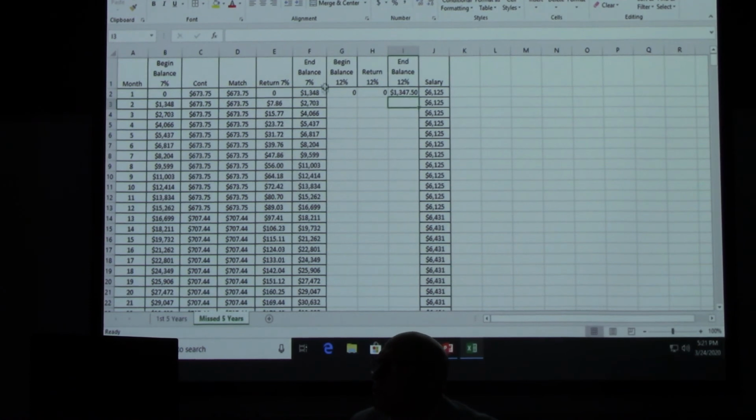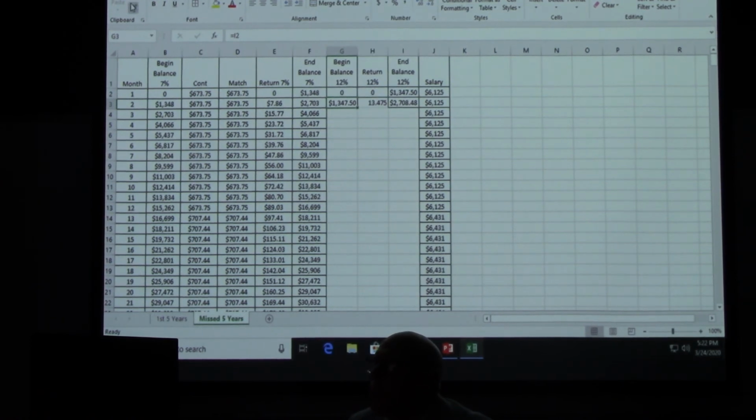Boom. All right. And let's do this and this. And then this is equal to that. And this is equal to that. And this is equal to this times 0.12 divided by 12. Boom.